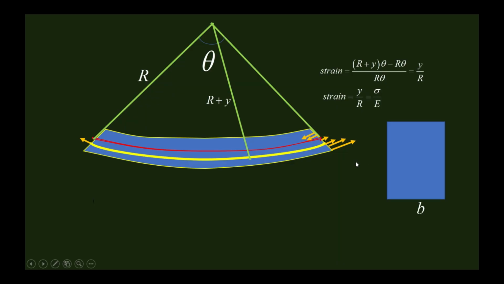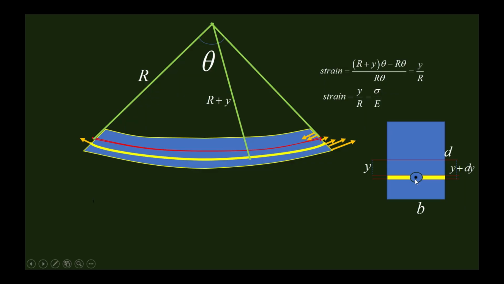Suppose this cross section is of size b and d. This red line is the neutral layer. The position of this yellow layer, as shown in the figure, is at a distance y from the neutral layer, and its thickness is dy.